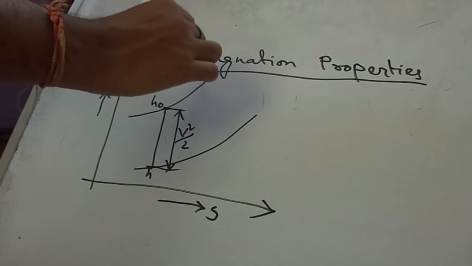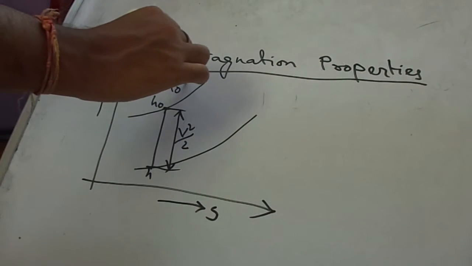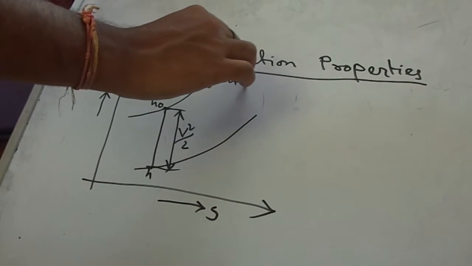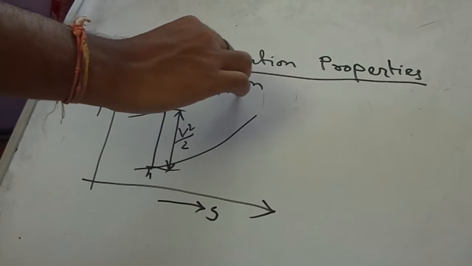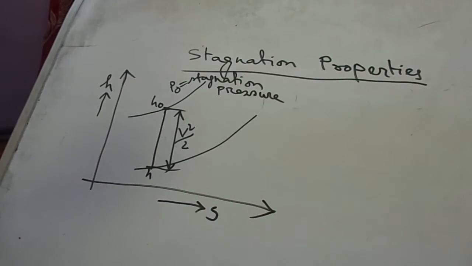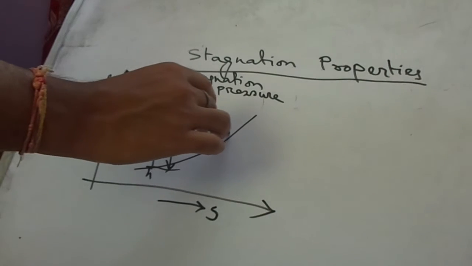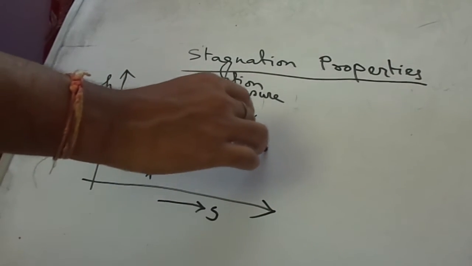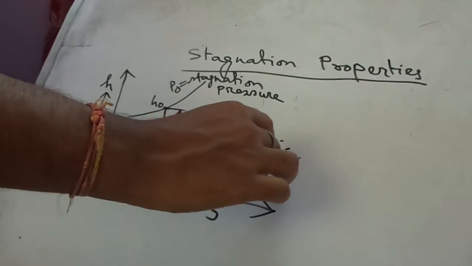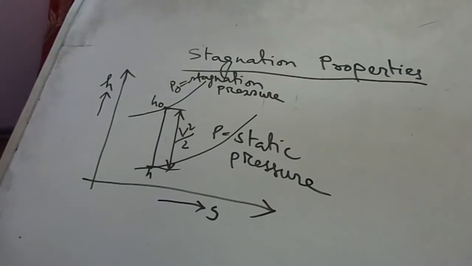P0 is the stagnation pressure, and P is the static pressure.